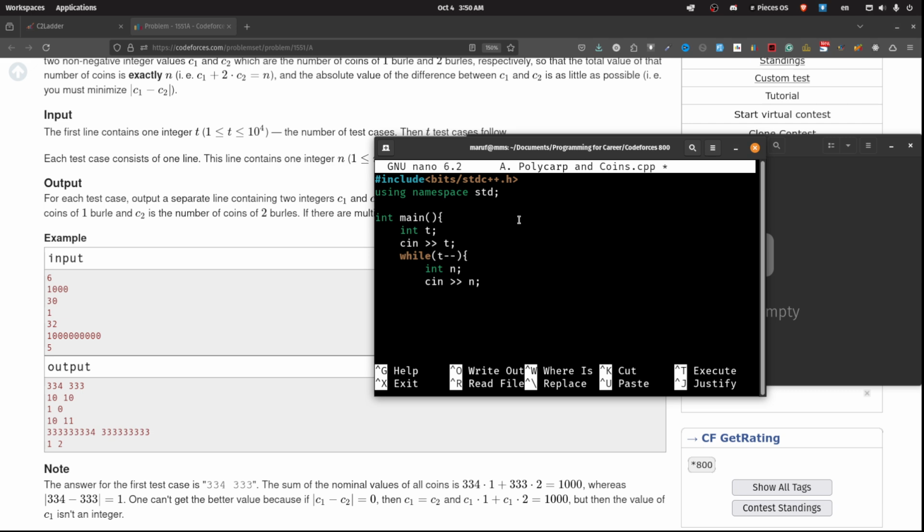Until now I can't figure out the logic, but I start my coding. By the way, let's close this main function and close this while loop here.